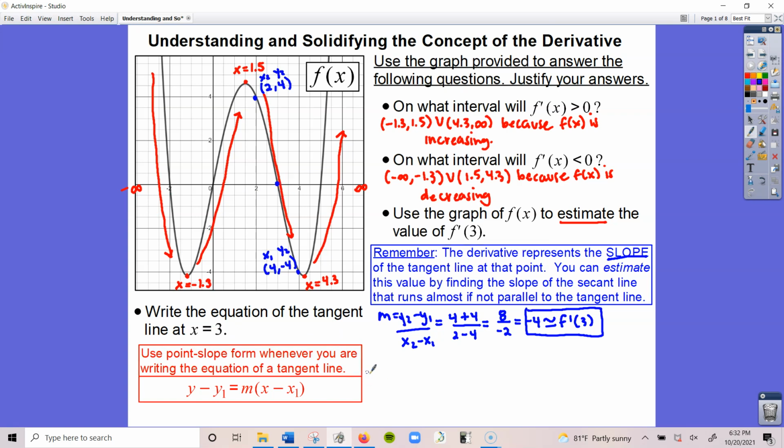So my point of tangency is at 3, 0. So my equation is going to be y minus 0 is equal to negative 4 times x minus 3. And this would be the equation of my tangent line.